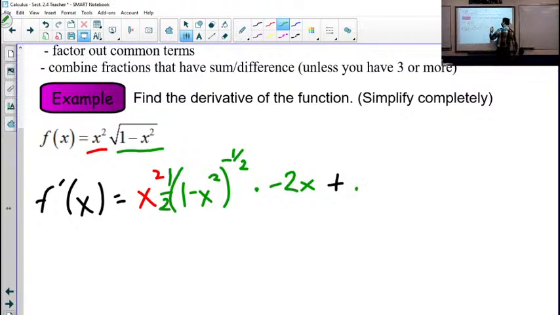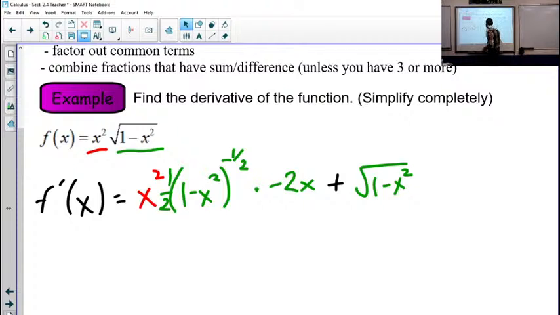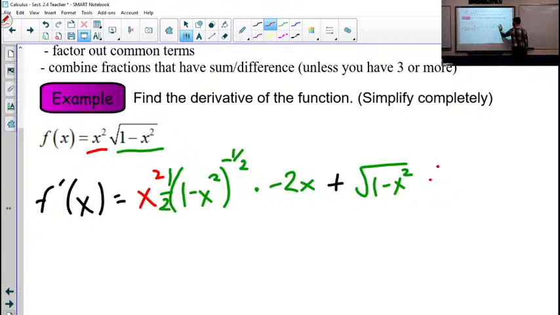Plus second times derivative of the first. Derivative of x squared is 2x.